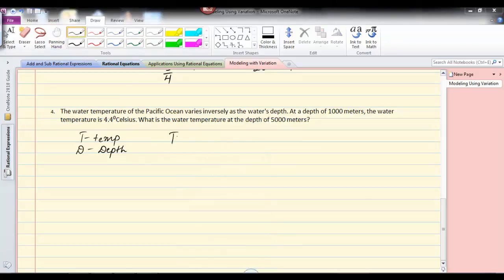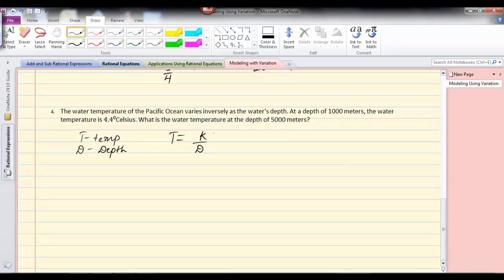So T equals inversely to water's depth, which means 1 over D, but remember you have to bring in that multiple. So we'll change that one to 1 times K being just the K.